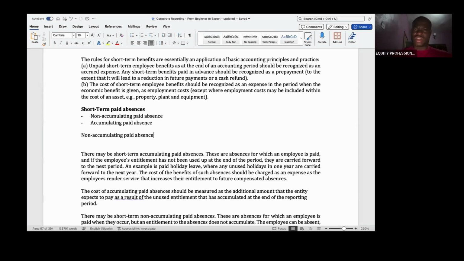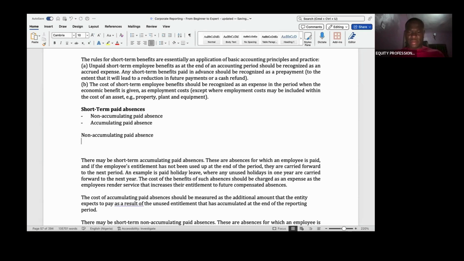At what point do we have an obligation for this type of scenario where we are telling the employee that if you don't take it, you won't get paid? It means that we only have an obligation when the employee takes the leave.